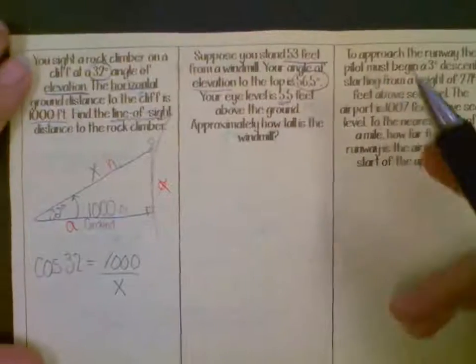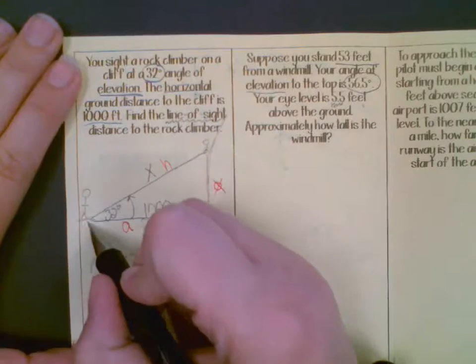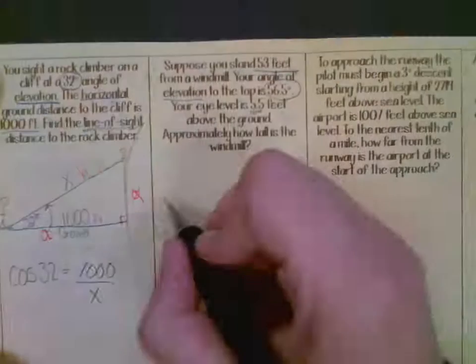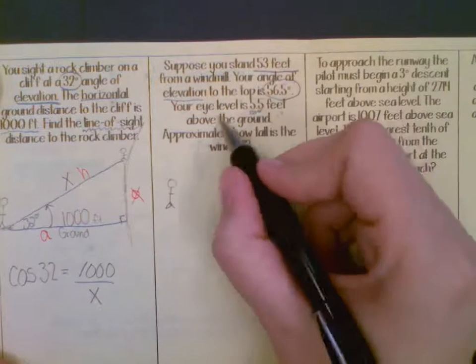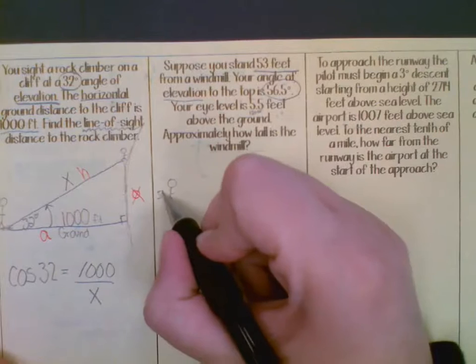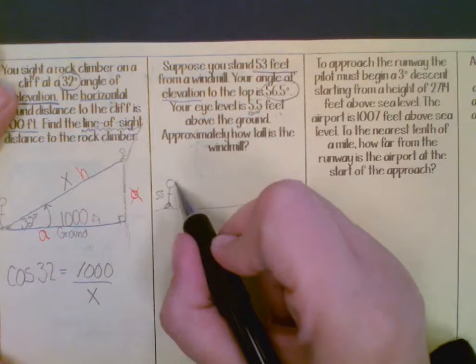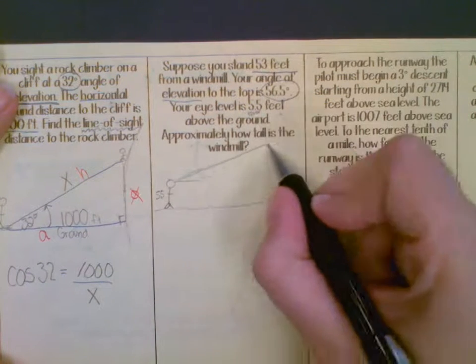If they don't tell us that, we assume we're measuring from the ground where our feet are. But this time they said that your eye level is 5.5 feet above the ground. So that means that our angle of elevation comes from our eyes. So it would be like this.